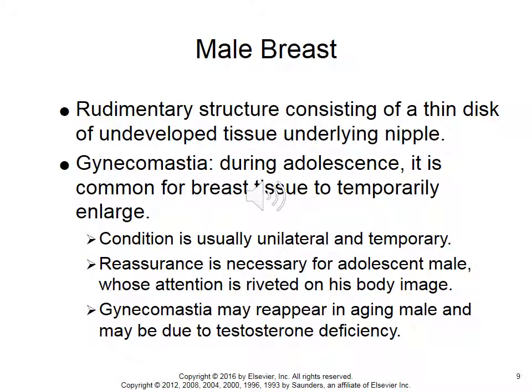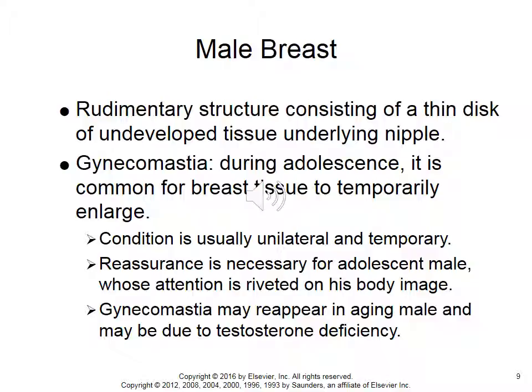Male breast tissue typically consists of a small thin disc of undeveloped tissue which lies underneath the nipple. It is normal for adolescent boys as they go through puberty to develop a condition called gynecomastia, which is just a slight enlargement of that breast tissue.